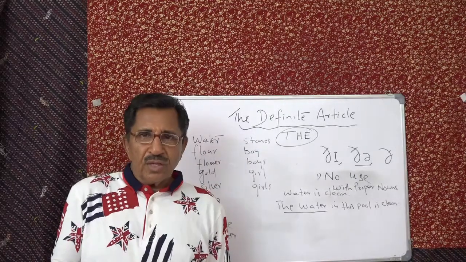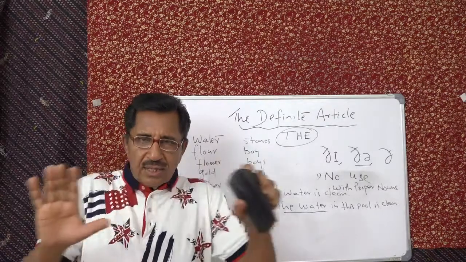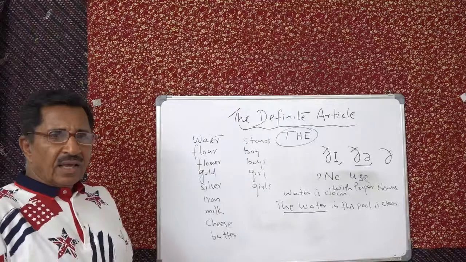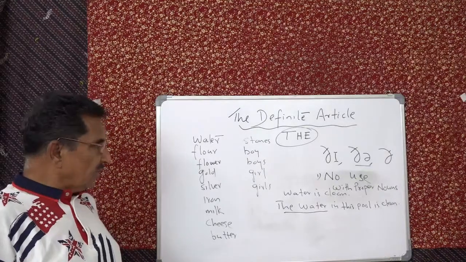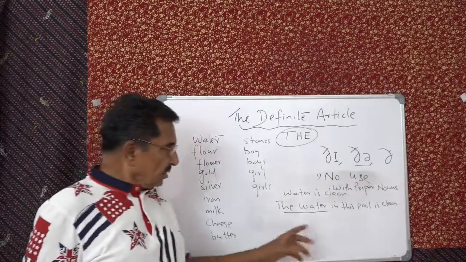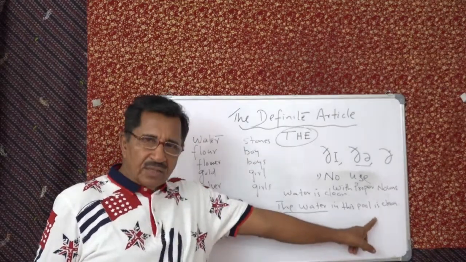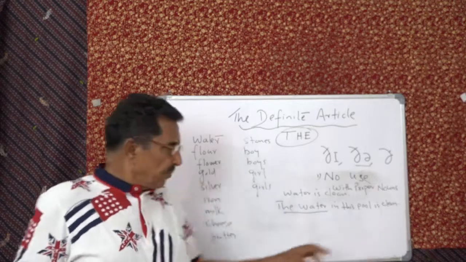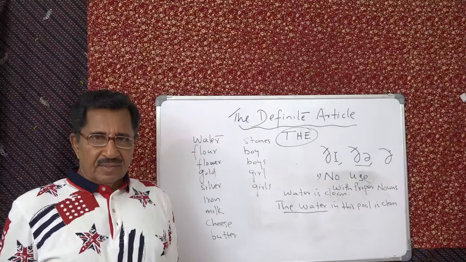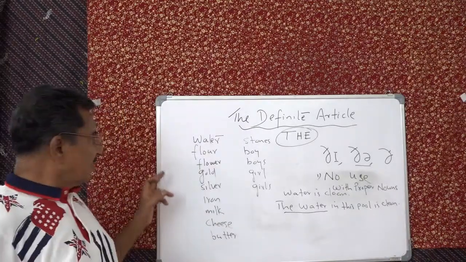You should not use the when used in general sense. Example, I told you this. This is a very clear example. Water is clean. But when you say the one in this pool, water here, specific water, we say the water in this pool is clean. See that?